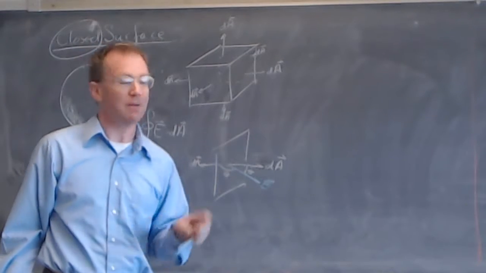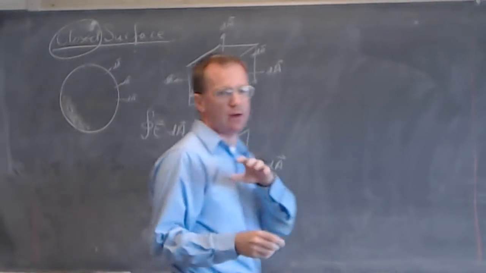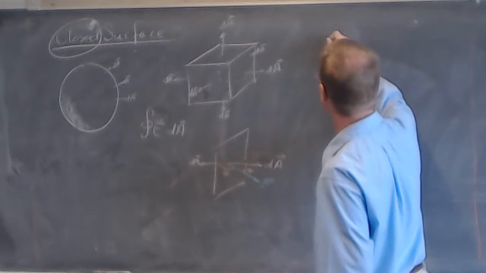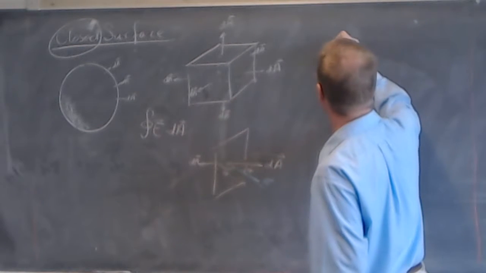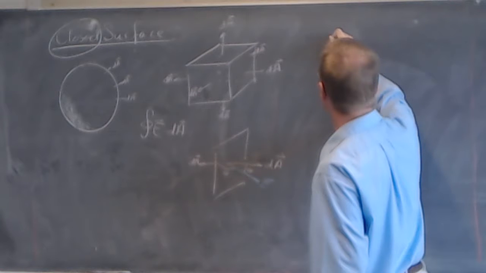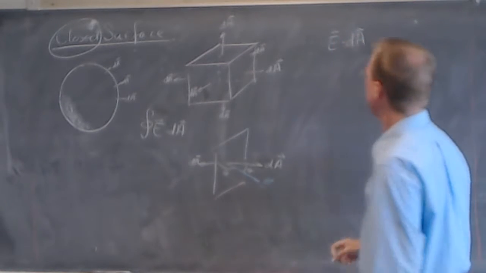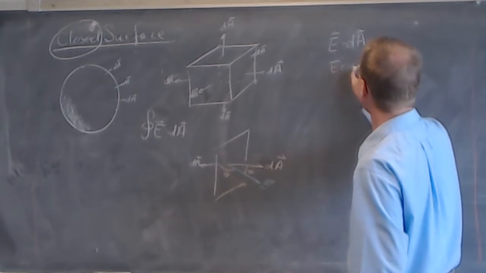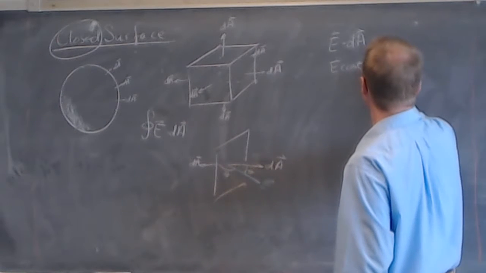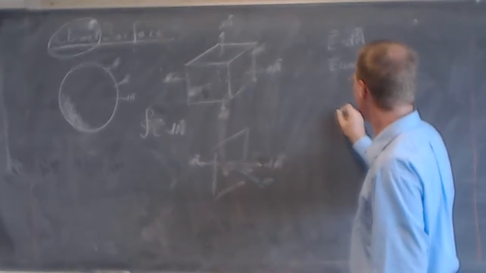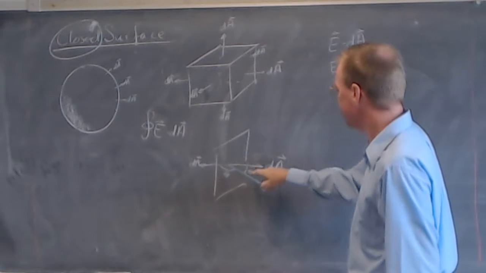Now, this is interesting because, keep in mind, let's say for a uniform field, and it doesn't have to be uniform, I'll take the differential form. Let's see, E dot dA, so E cosine theta times dA, without the vector symbols.